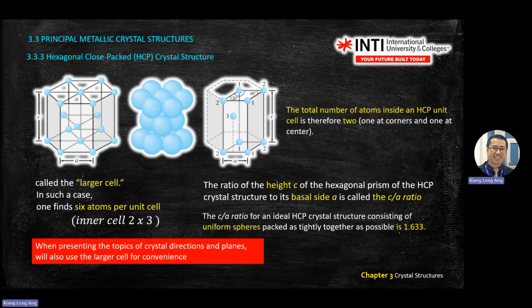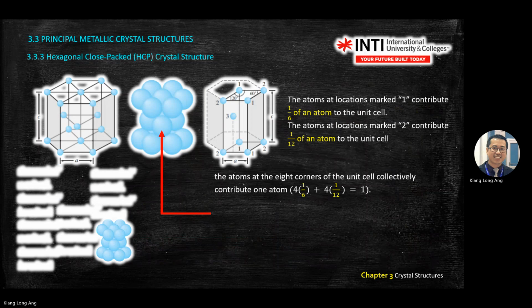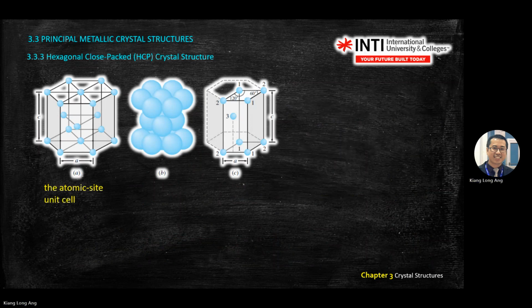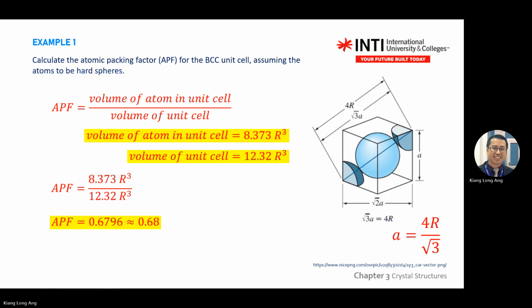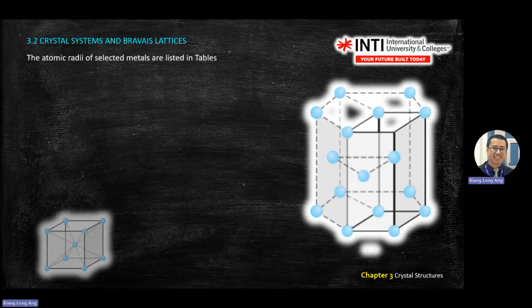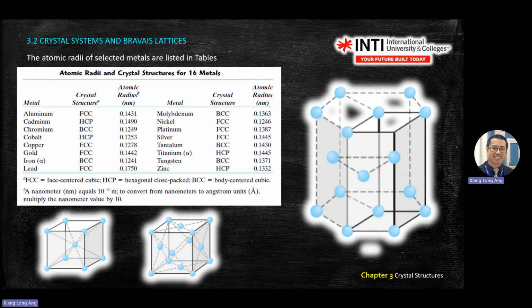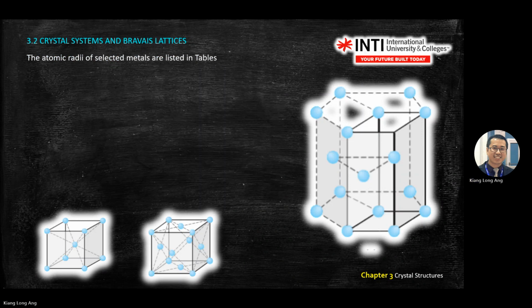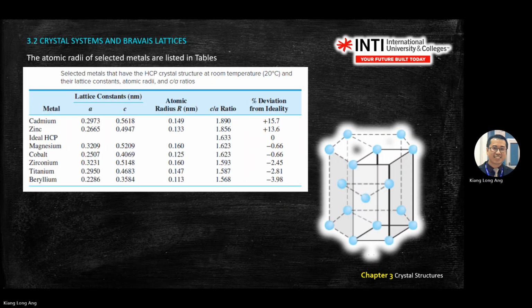So how to find this number? You go back to this table. This is HCP. How you get the value of C, either directly from the table or from this ratio. If it's cadmium, then you either straight away take it from the table and you calculate.